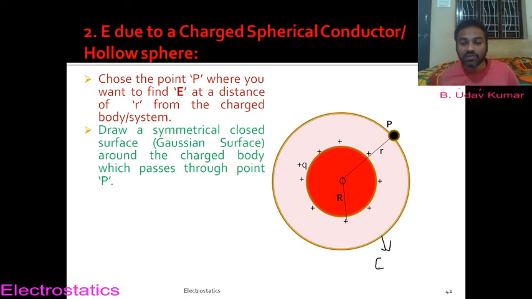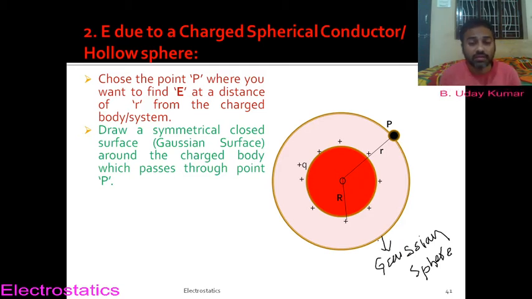This is the Gaussian sphere. This is an imaginary sphere. Actually it is not there, but we are imagining it, we are constructing it. It is the Gaussian sphere.